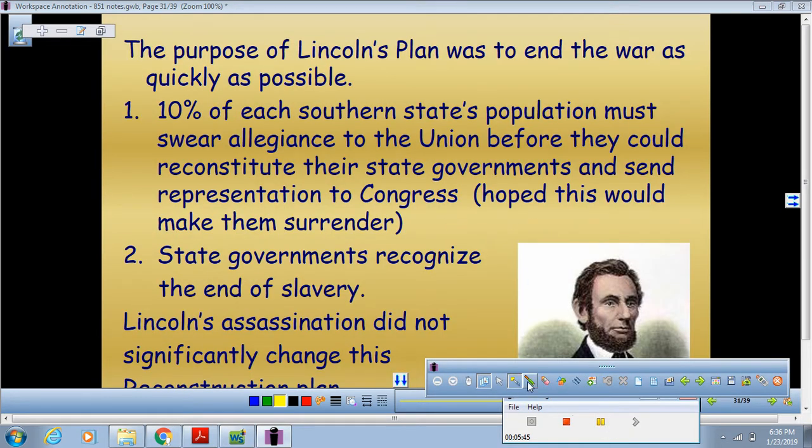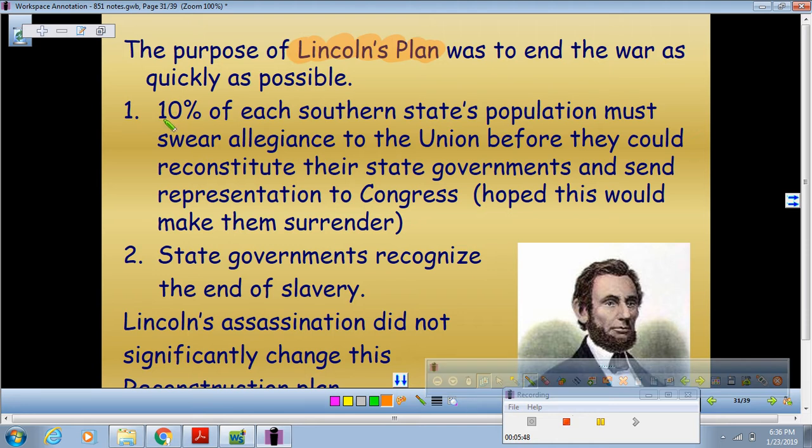Before we begin the notes, let's look at Lincoln's plan. Lincoln's Reconstruction plan, which would be part of presidential Reconstruction, really consisted of two parts. One is that state governments must recognize that the end of slavery has occurred.